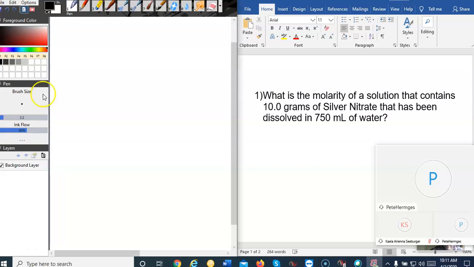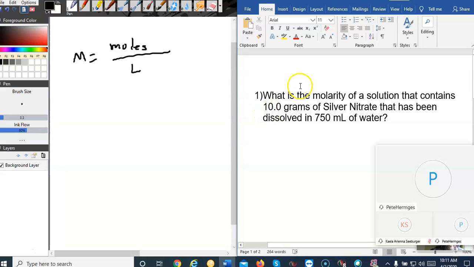Molarity equals moles over liters. So you have your grams of silver nitrate, and you have to convert that into moles. Then it has been dissolved in 750 mL of water, so you have to convert to liters of solution.